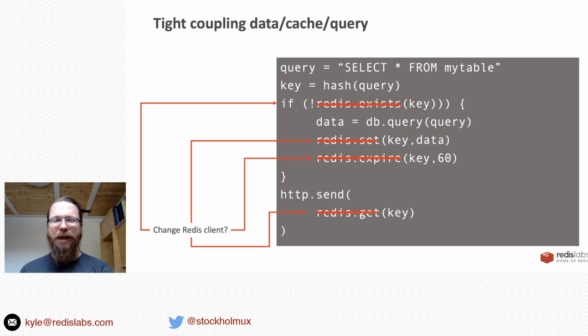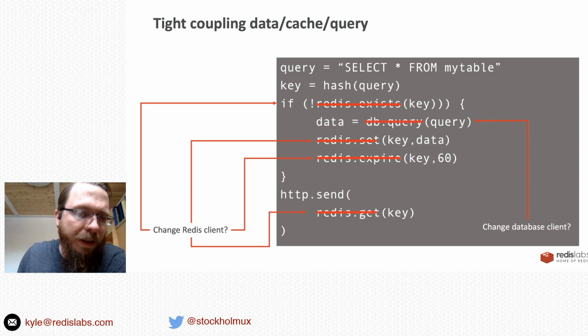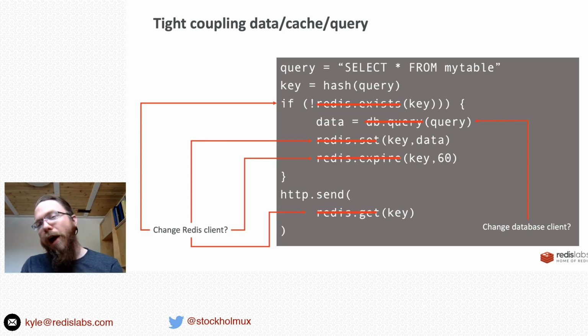But also maybe you're going to change your database client. These things change at a higher frequency than you might imagine. Over the course of a piece of code that lasts several years, this might go through several iterations, whether it be versions or whatever. For example, in Redis, we're changing our protocol, so we expect the changes to occur in the clients as well. So you have the tight coupling.